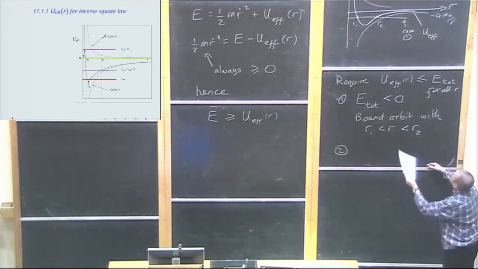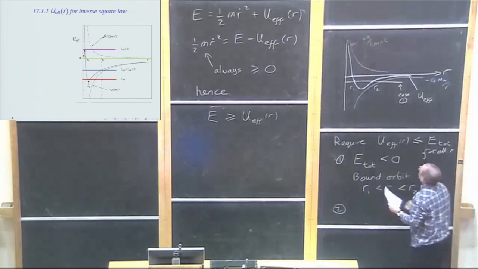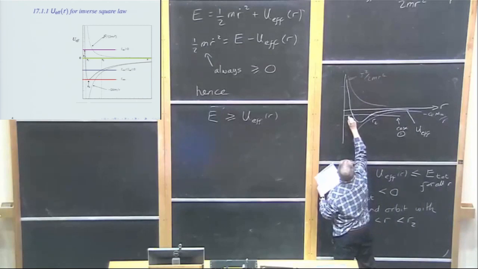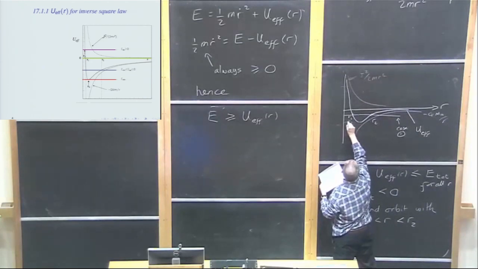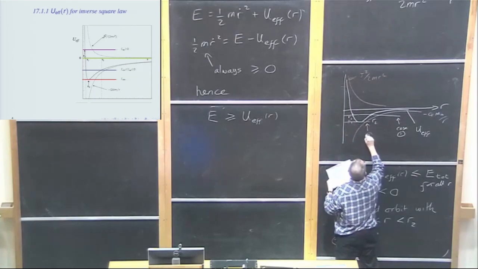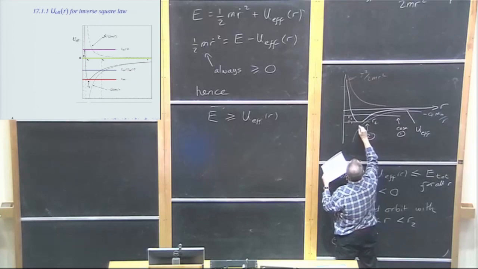Now, another case, which I call case 2, is when we are sitting just at the bottom of this potential. This is 2. And let me call this radius here R0.